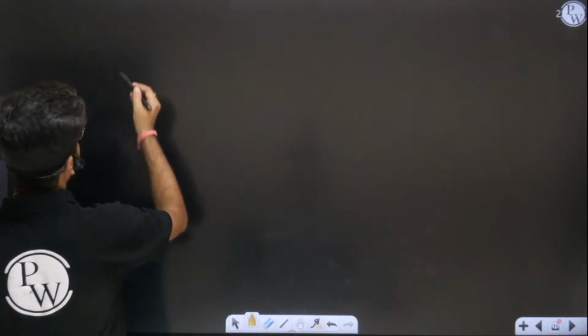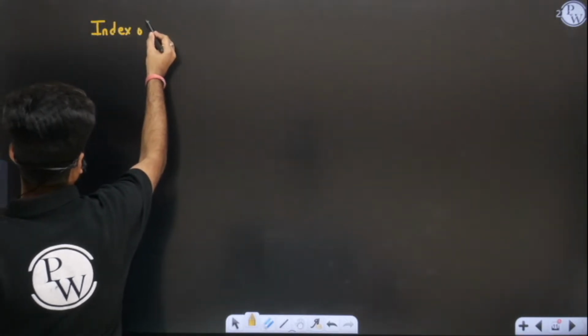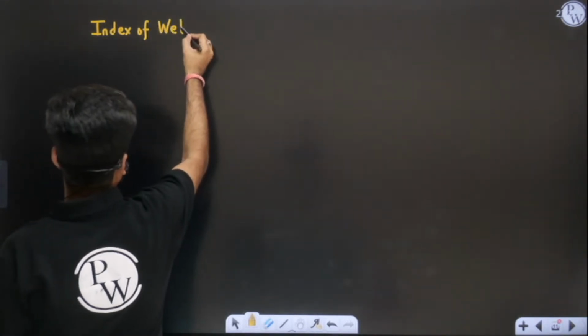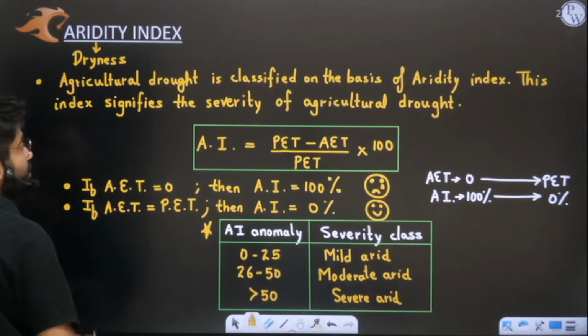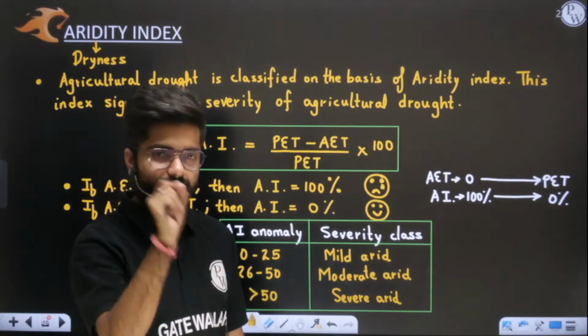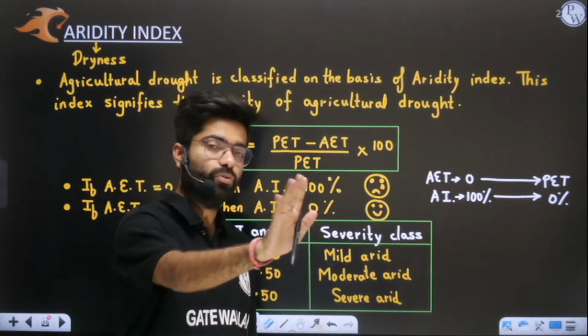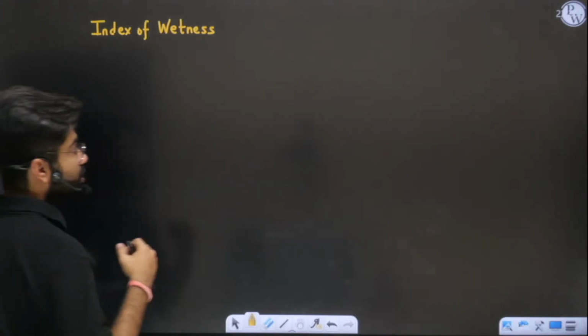Now we have to understand index of wetness. Let me write here. Index of wetness will denote... can you guess what index of wetness is? Aridity index is related to agriculture only. Remember, aridity index is related to agriculture only. But index of wetness is related to meteorological drought.